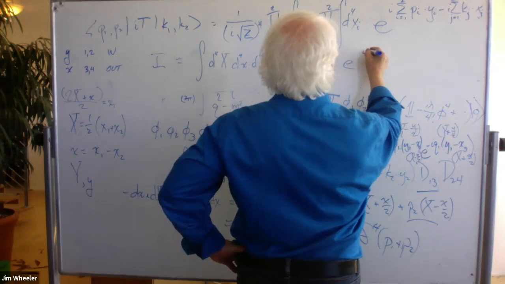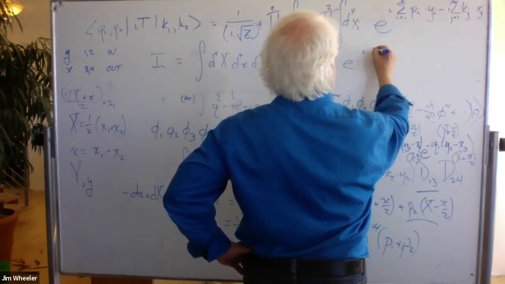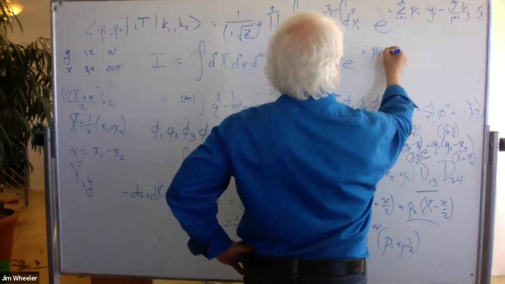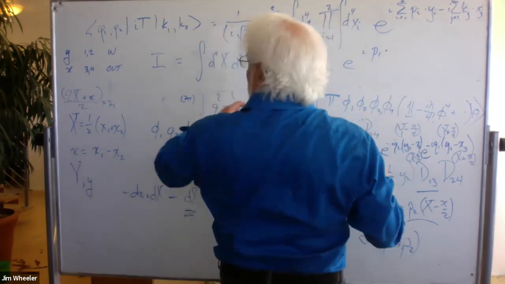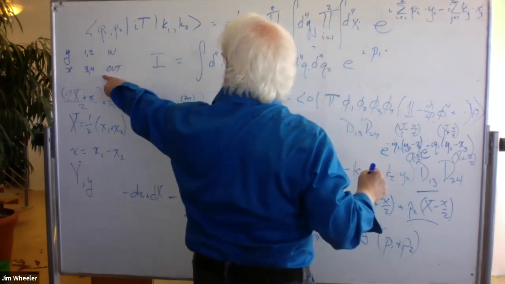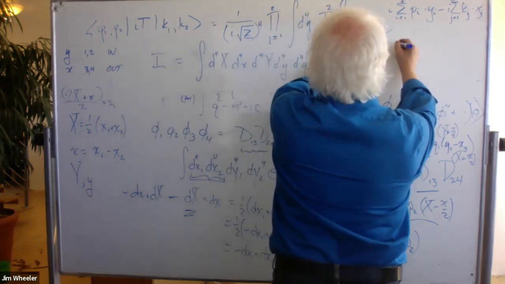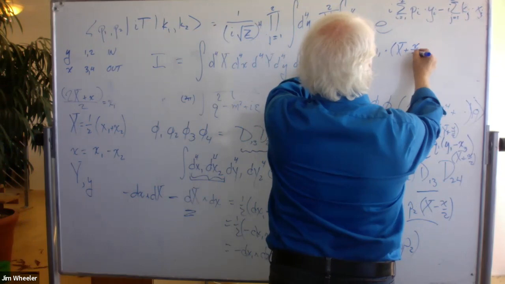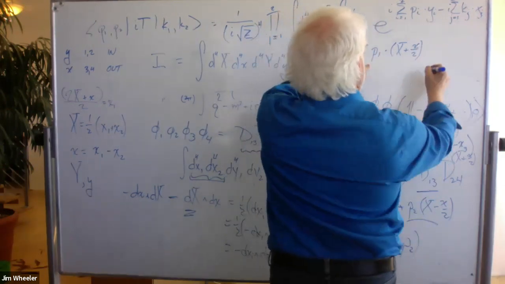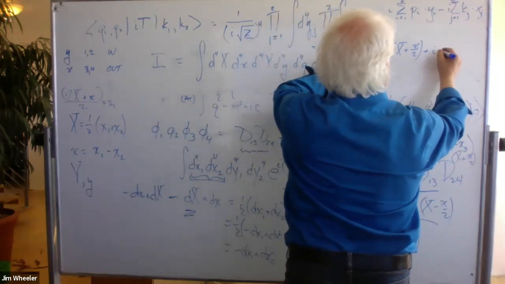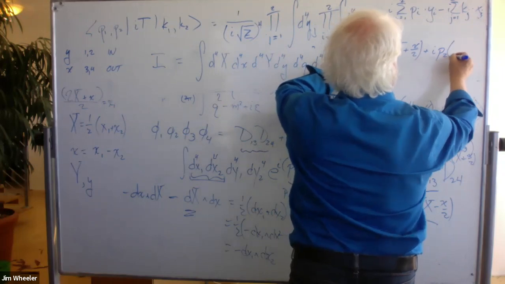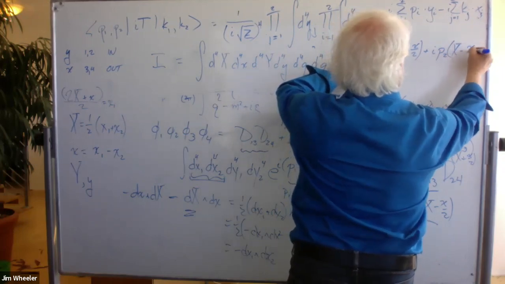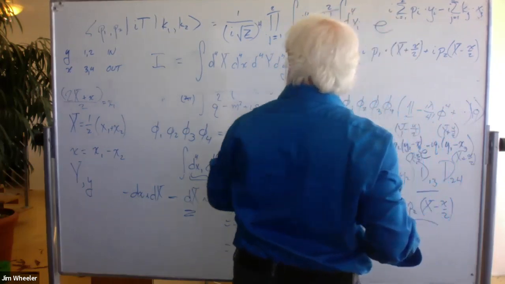So we're going to have p1 dot x3, which is going to become capital X plus little x over 2. And then we have P2 with capital X minus little x over 2.